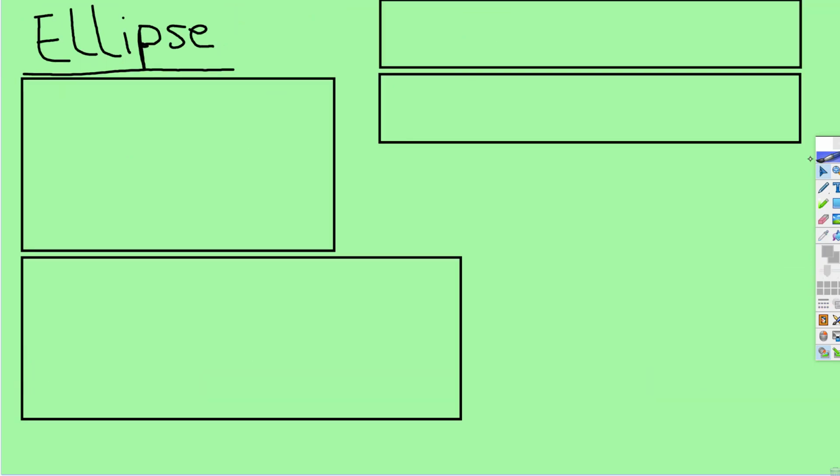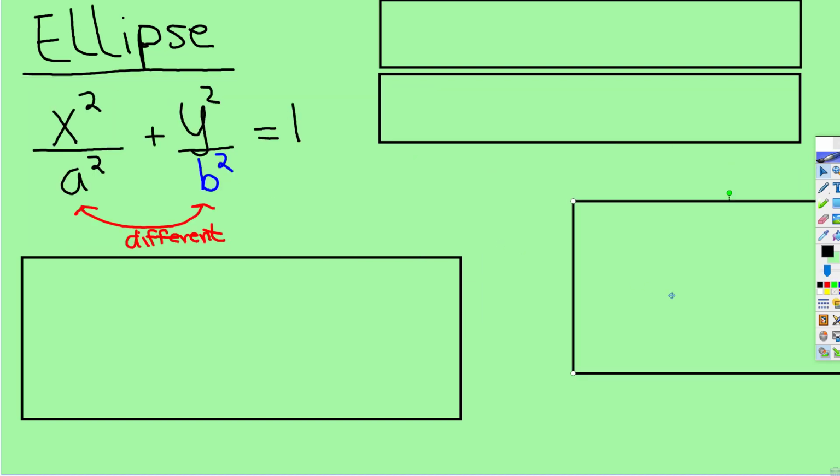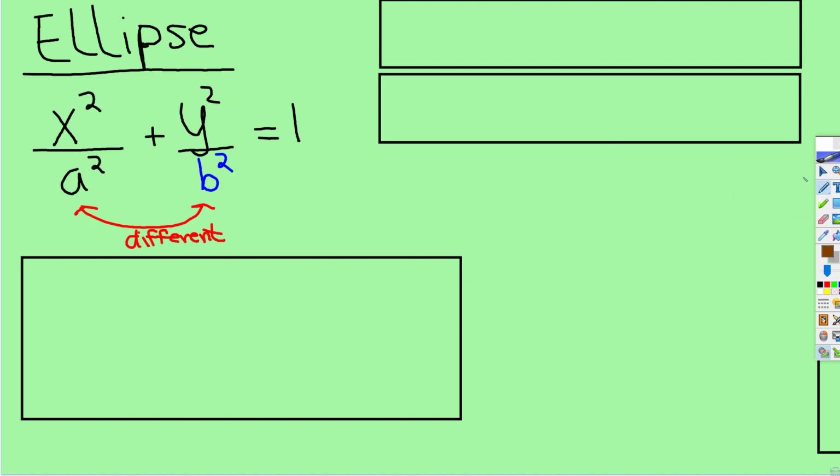All right, for an ellipse, notice you still have an x squared plus a y squared, and if there's no parentheses, we know that the center of the ellipse is at 0, 0. But what makes an ellipse different from a fully round ellipse is when the value under x and the value under y are different.